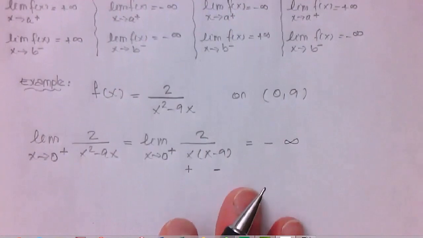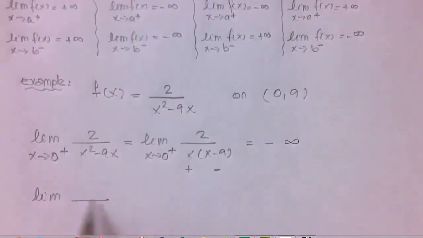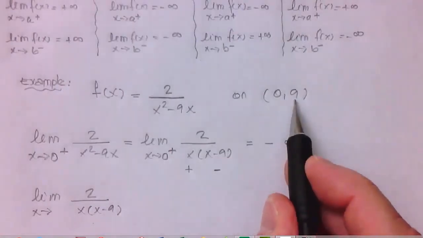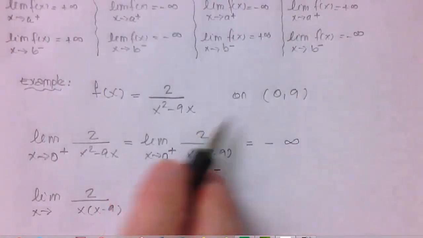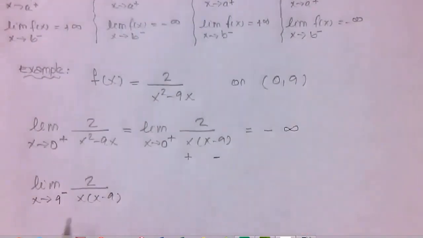Now, what is the other limit? The other limit that I have to calculate is the limit of the function 2 over x times x minus 9 when x approaches 9 from the left. Notice that x is not approaching negative 9.